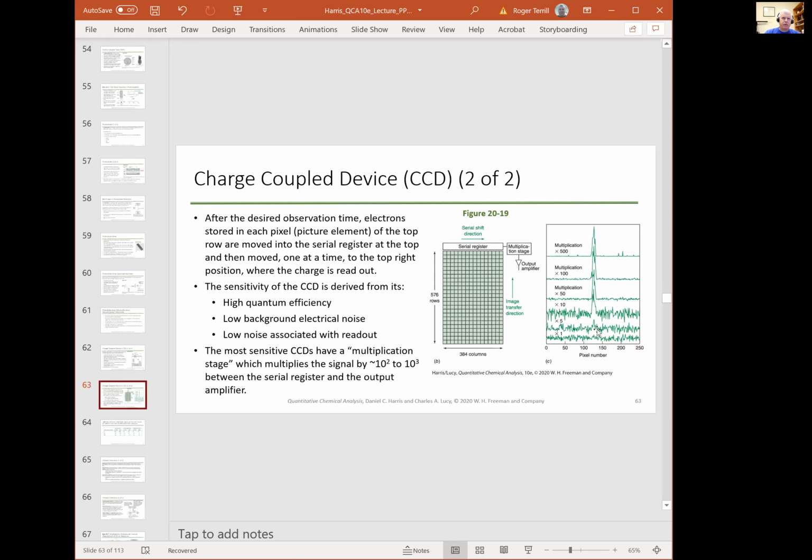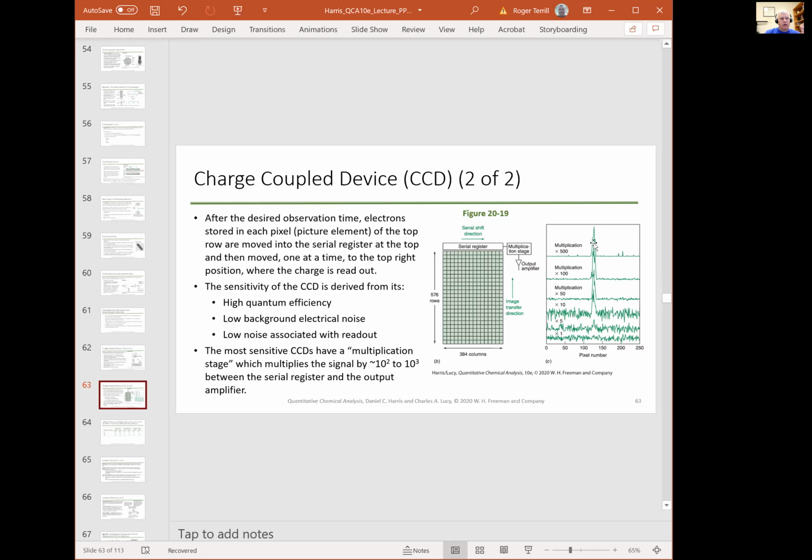The signal to noise improves as the square root of the time that you count. So the square root of 5 would be 2 point something, 2.3 or so. Now this peak has gone from 1 to 2.3. Then at 10, it'll be more like 3. At 100, the signal to noise ratio will be 10, so the noise floor will be 10 counts and the signal will be 100, for example.